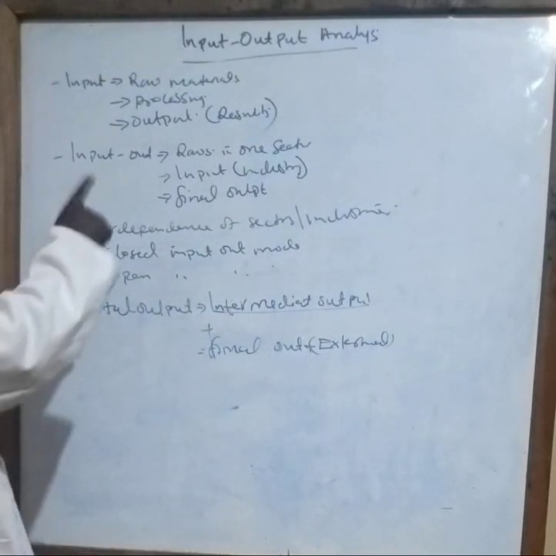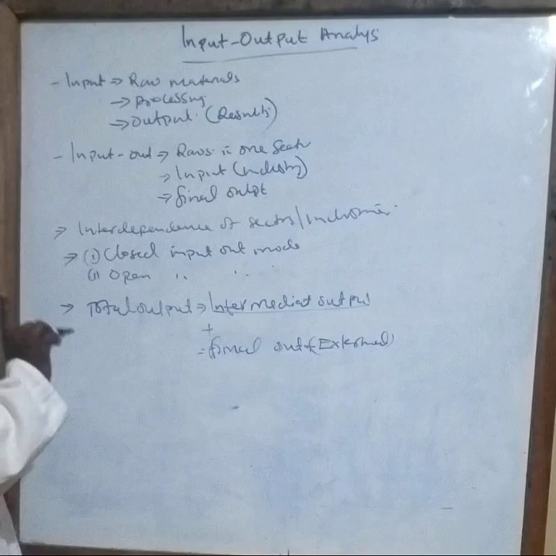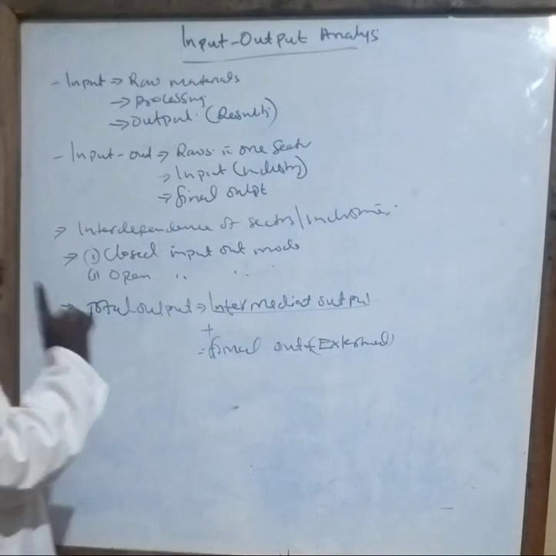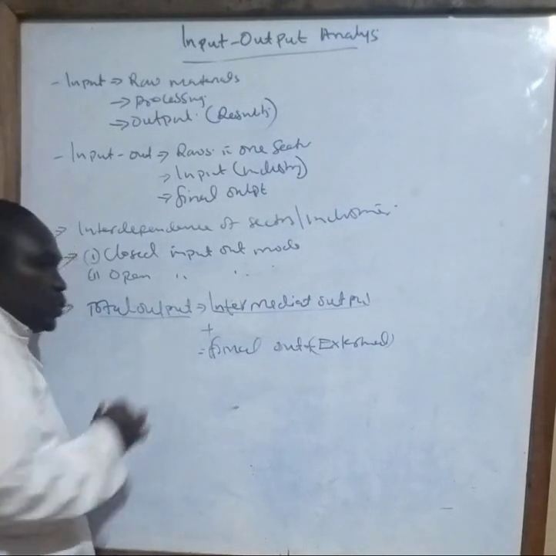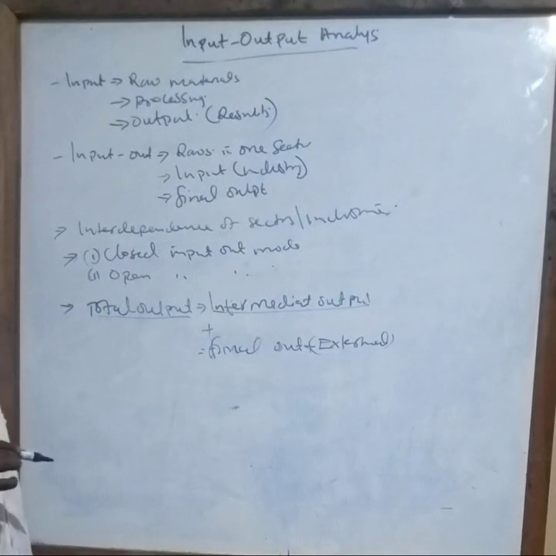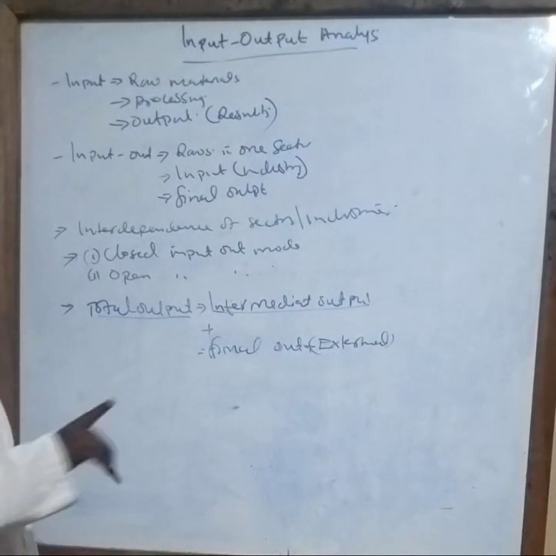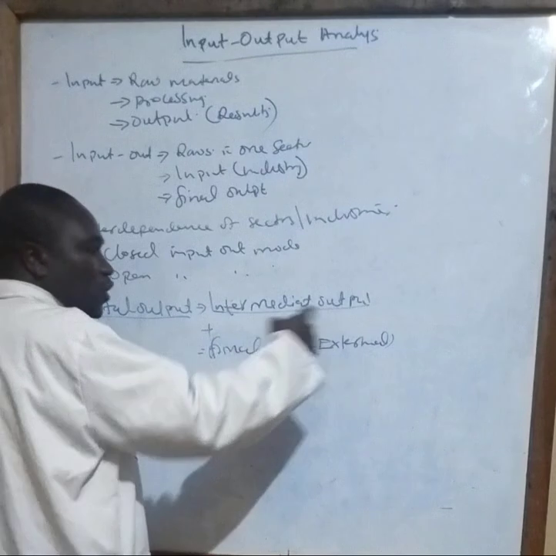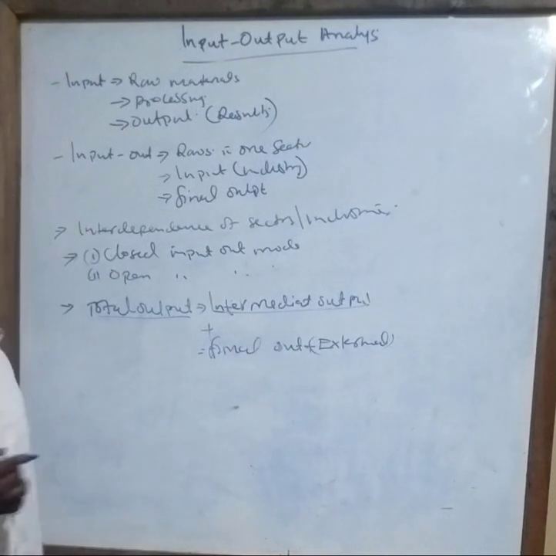So therefore, in this particular case, we are going to see how to determine the total output. And we are going to say the total output is given by intermediate output plus the final output.